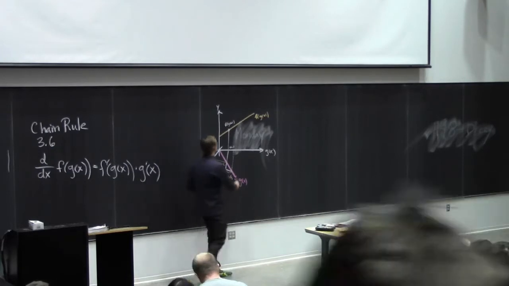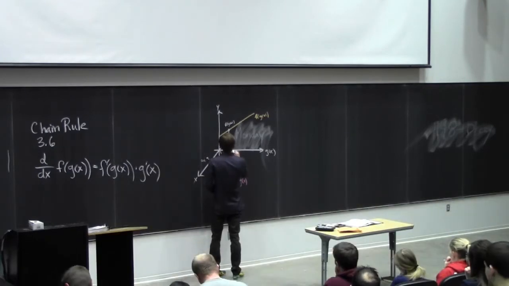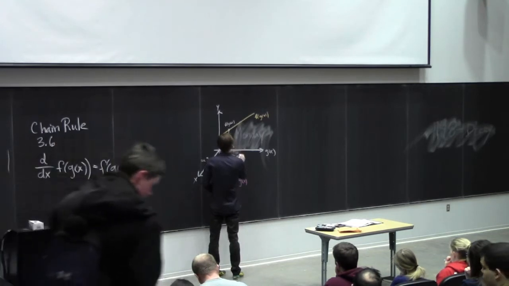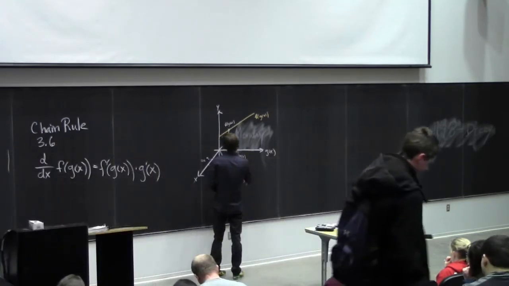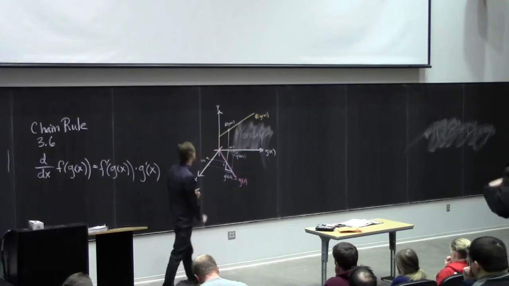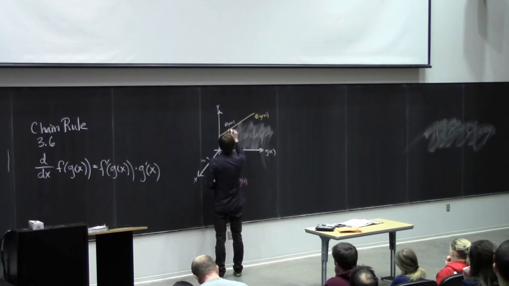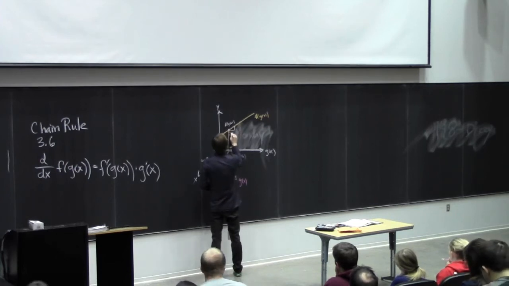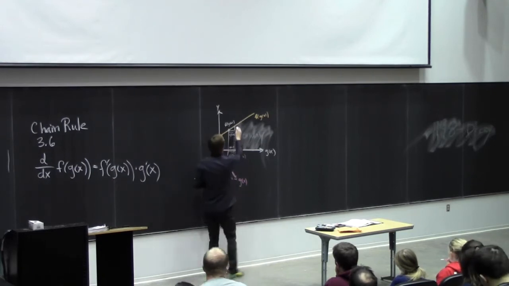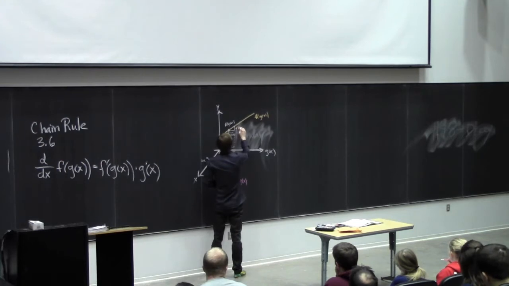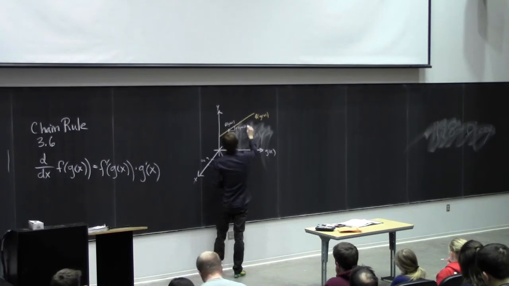So now this distance here is g prime of a times h, which means we're going to get a little right triangle here. This is g prime of a times h, and then this is going to be the derivative at g of a times g prime of a.